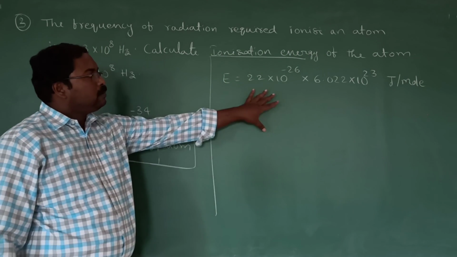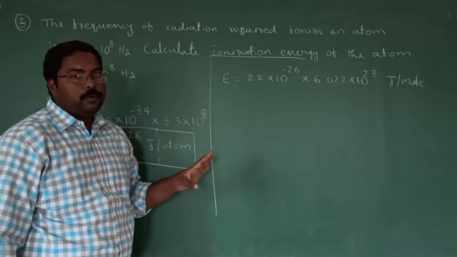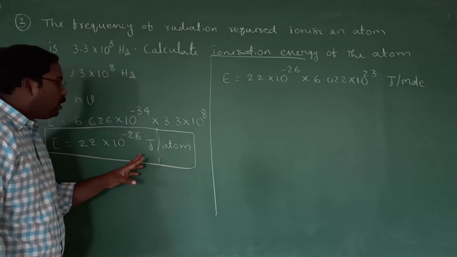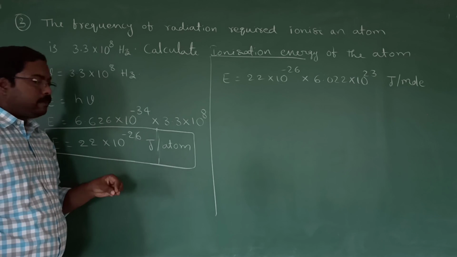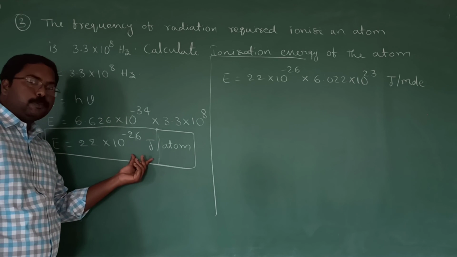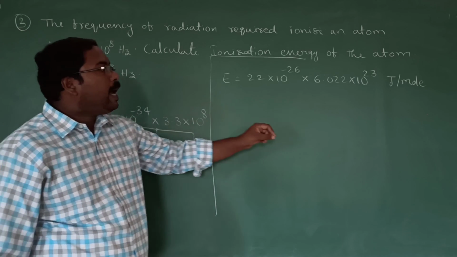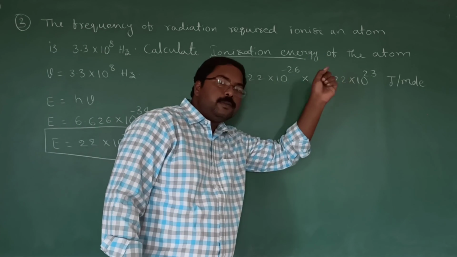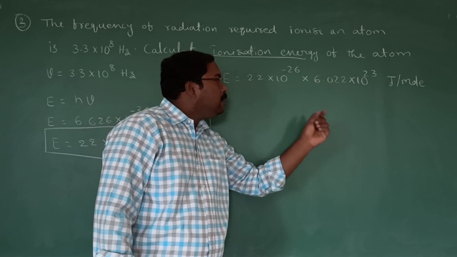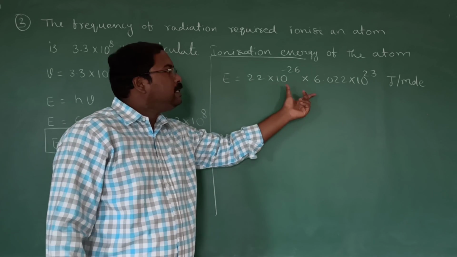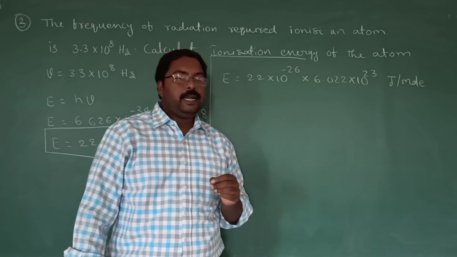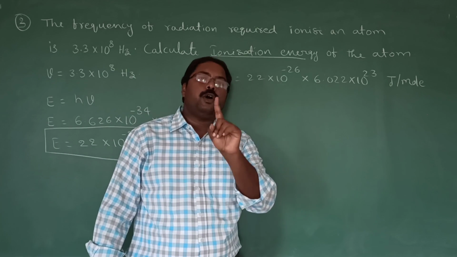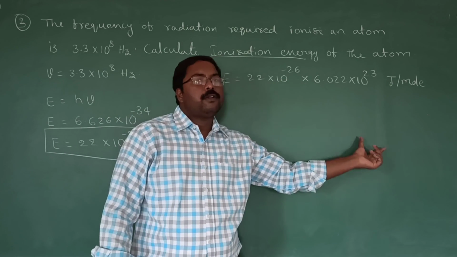Got it? So multiplications and divisions you can do later. First, did you understand the question or not? They simply asked the ionization energy of the atom, so for an atom only we expressed. If they ask the energy in terms of mole, then after calculating the energy we should multiply it with Avogadro's number. Right? Why we multiply it is because one mole means Avogadro's number of particles.